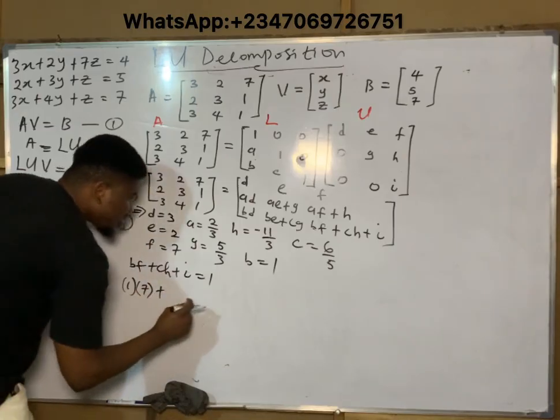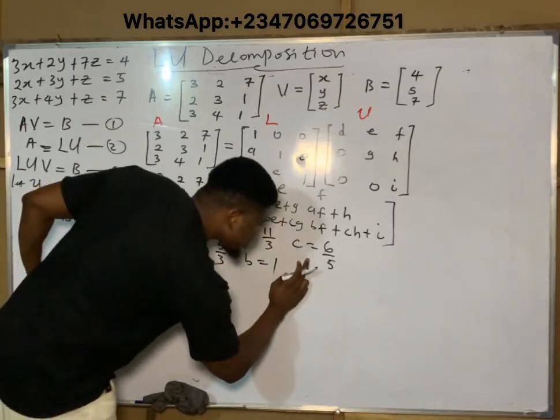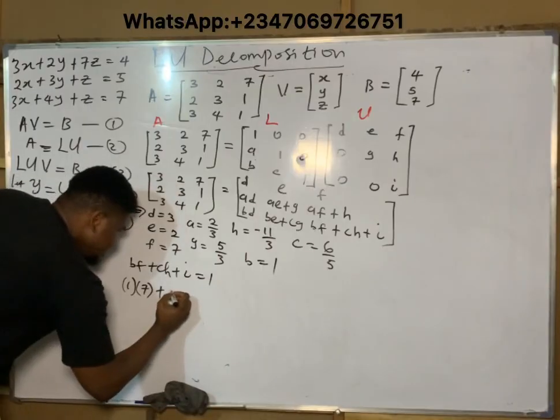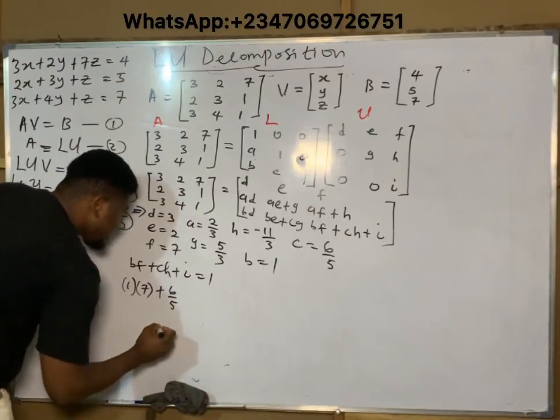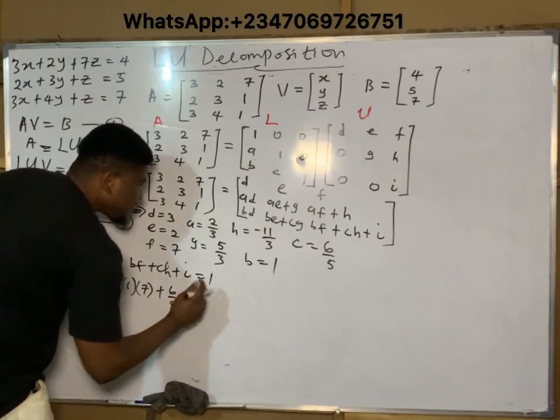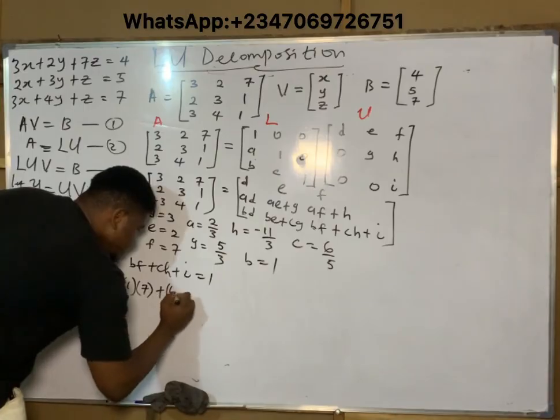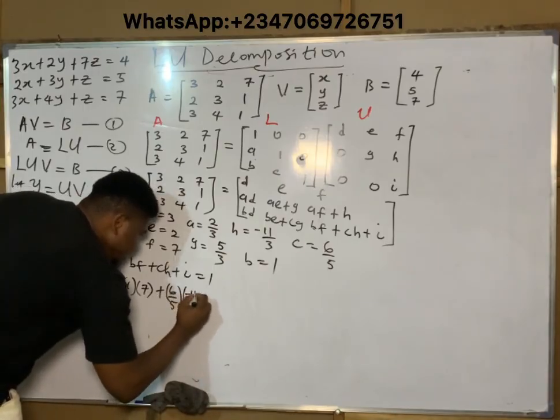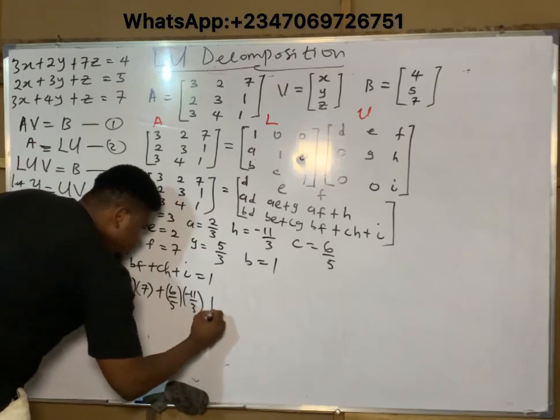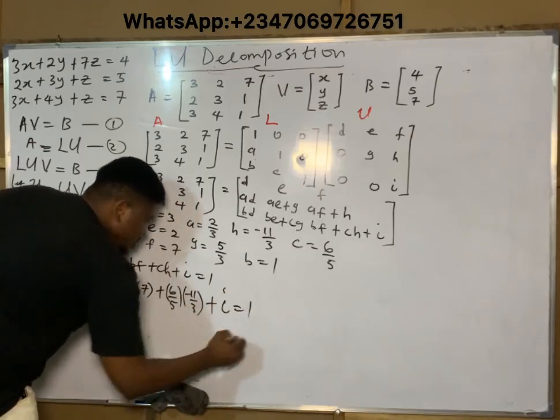Plus C. We got C here to be 6 over 5, 6 over 5 multiplies H. We have H here to be negative 11 over 3, times negative 11 over 3 plus I is equal to 1.